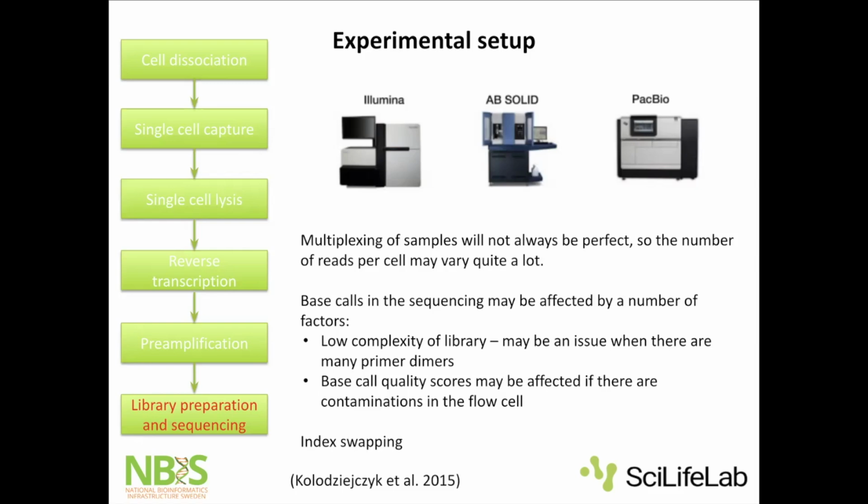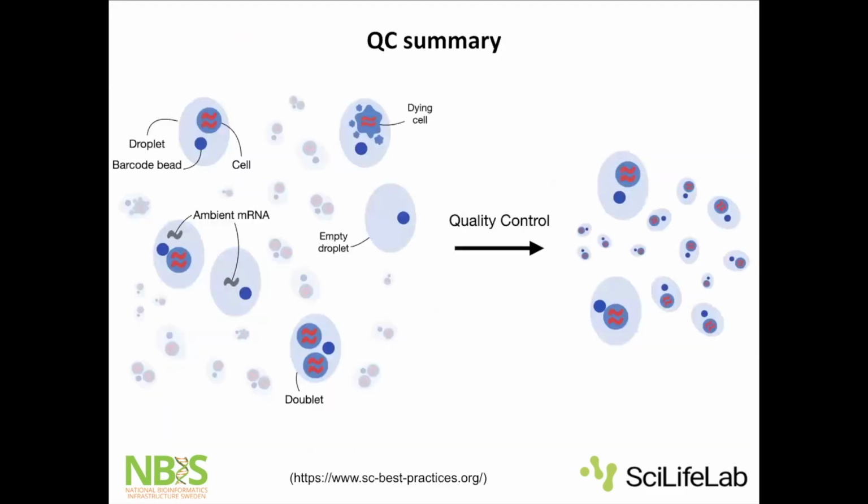But mainly, I would say the biggest contribution to bias and so on is from the cell dissociation step and single cell capture. That you really need to optimize and think through how you're doing things to get the best quality cells.